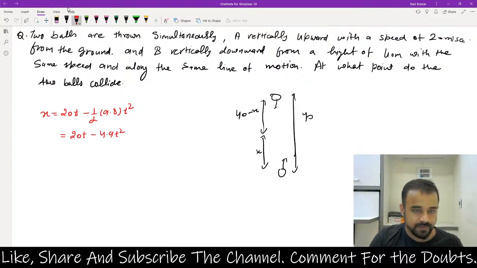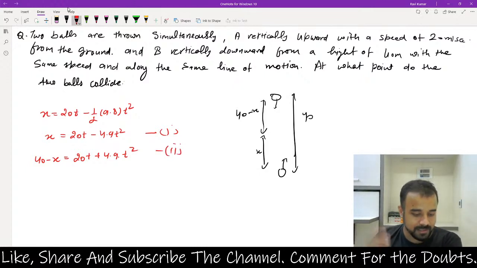That is the value of x. This is equation number 1. Now second point, 40 minus x will be equal to 20t plus 4.9 t square. This is equation number 2, दोनों बॉल से हमें ये इंफॉर्मेशन मिलती है.